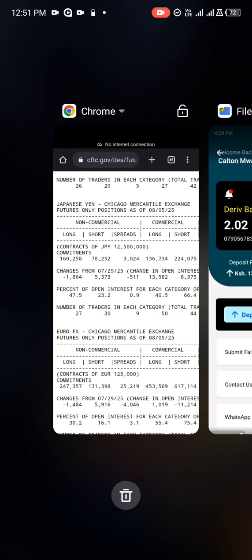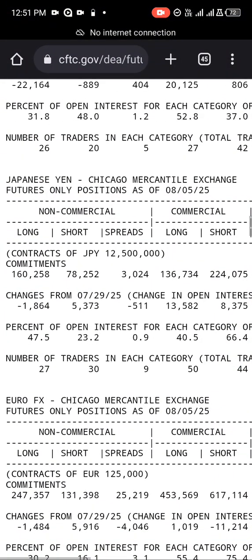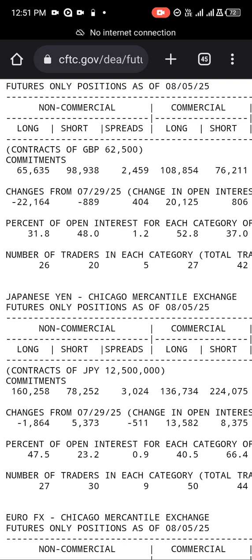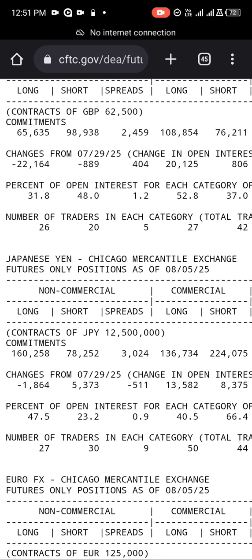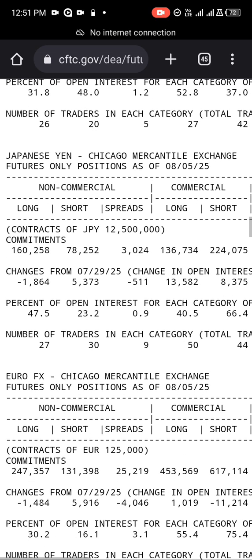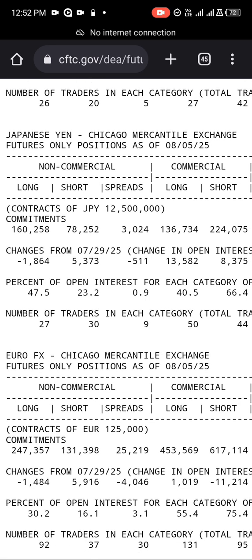From the COT report data of last week, we can see that the big institutions, the large speculators, added 5,374 short positions. They were shorting the JPY, thus making it weaker, and they removed 1,864 buys.